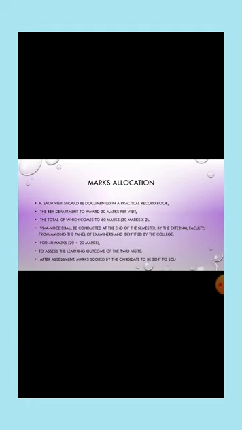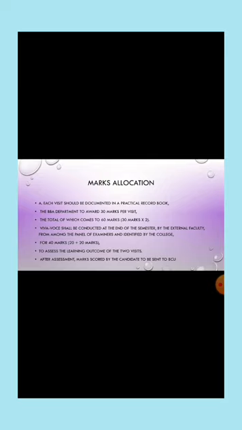Further, the university has also given the guidelines regarding marks allocation. Each visit should be documented in a practical record book. The department should award 30 marks per visit, the total of which comes to 60 marks, that is 30 marks into 2 visits.